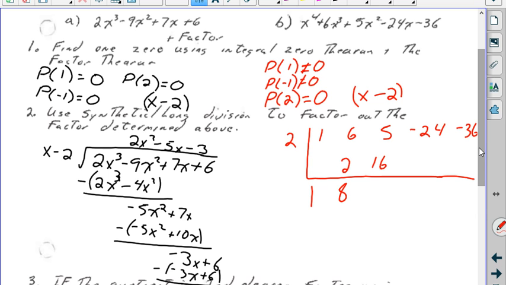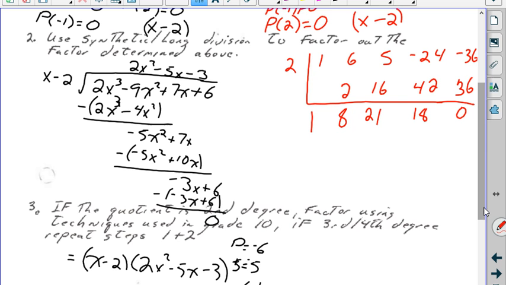Add, 21, 42, add these together, we end up with a positive 18, which is a good thing because now we end up with a positive 36 here, and we end up with 0. So we are right now at x minus 2, x cubed plus 8x squared plus 21x plus 18.